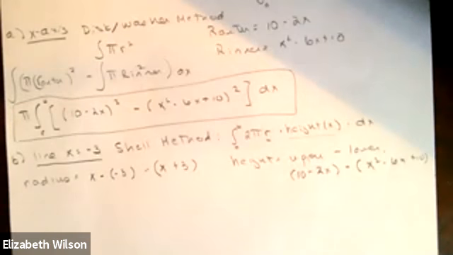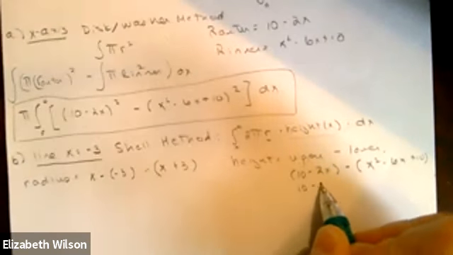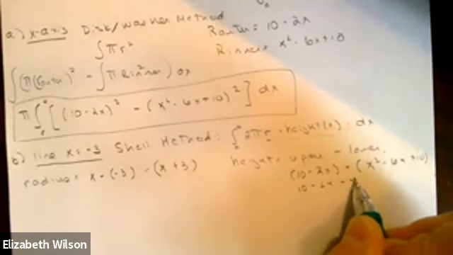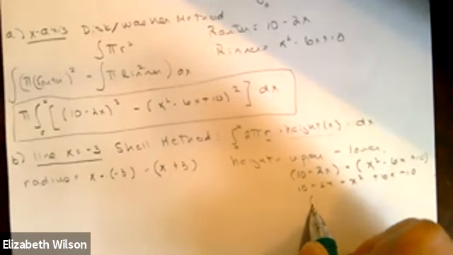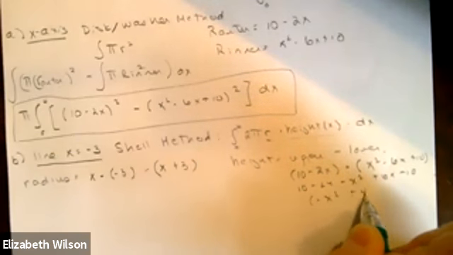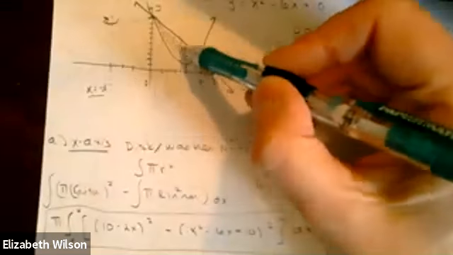And if you want to add it all together, don't forget you have to distribute this negative to all these terms. This becomes positive 6x and a minus 10. And then when I combine it together, I'm going to get minus x squared plus 4x. That basically gives me my height, which is the difference between these curves here.